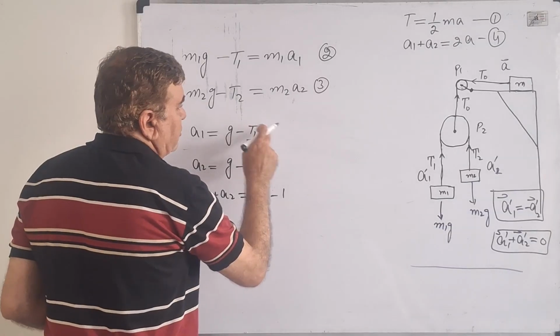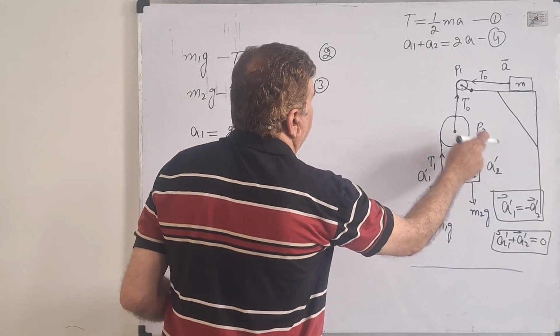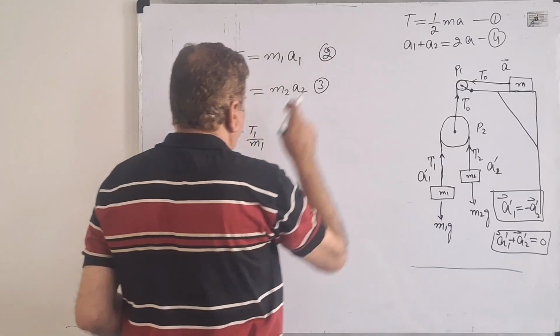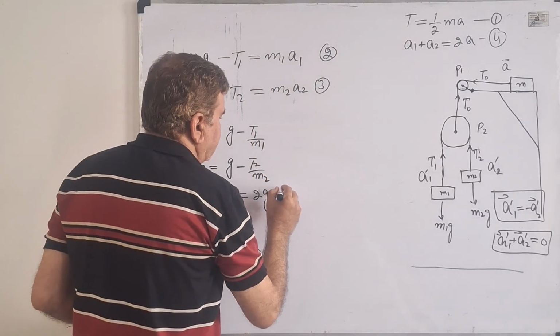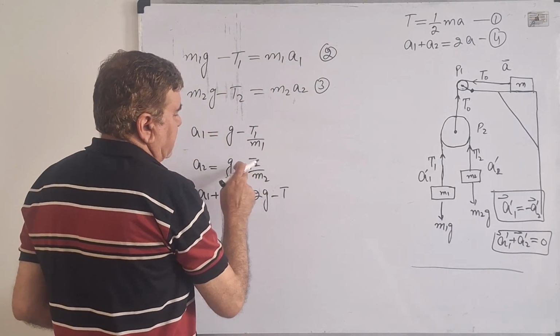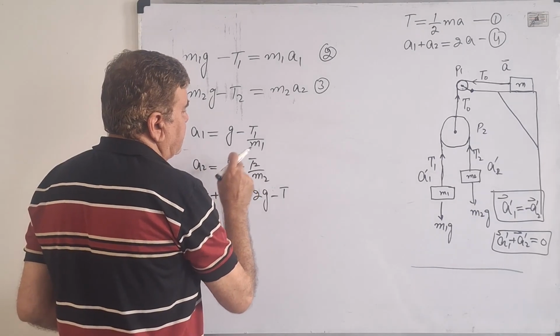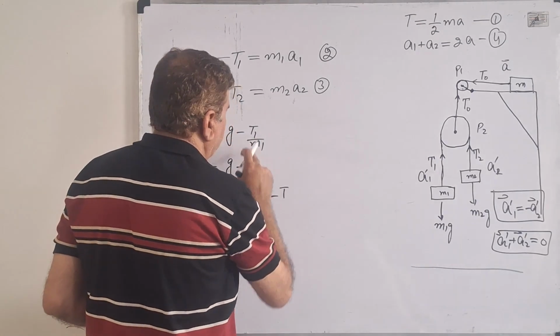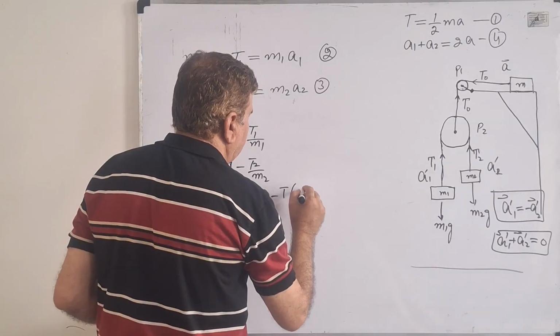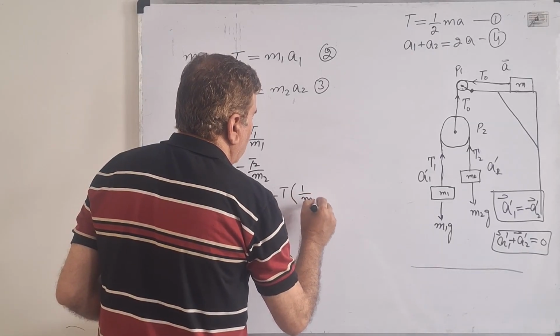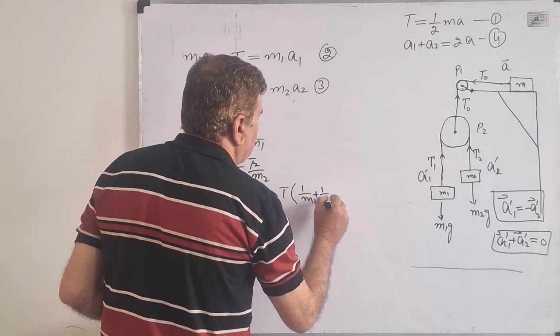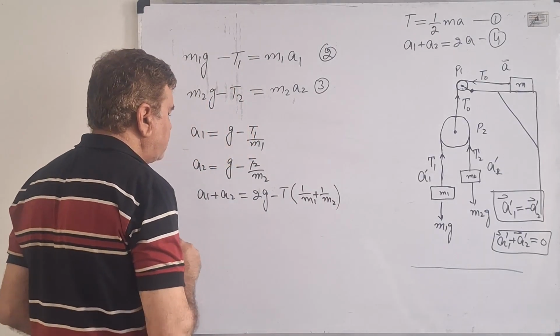since T1 equals T2 and I have already used the notation T for them, I can write that as T, and similarly I can write T2 as T, and can take T common from these two terms, write this as 1 over M1 plus 1 over M2.